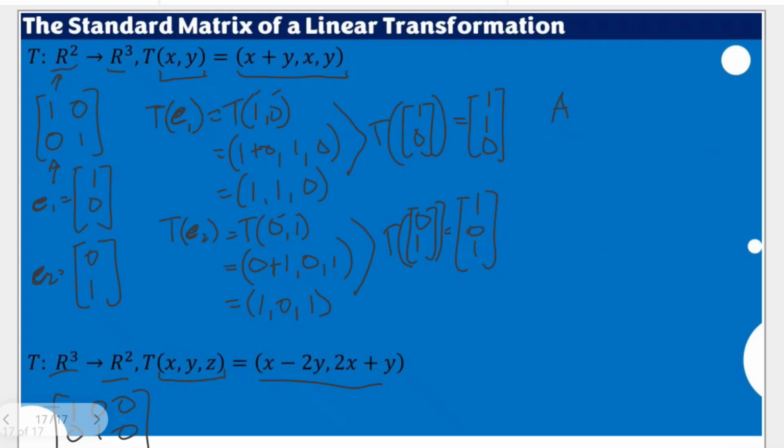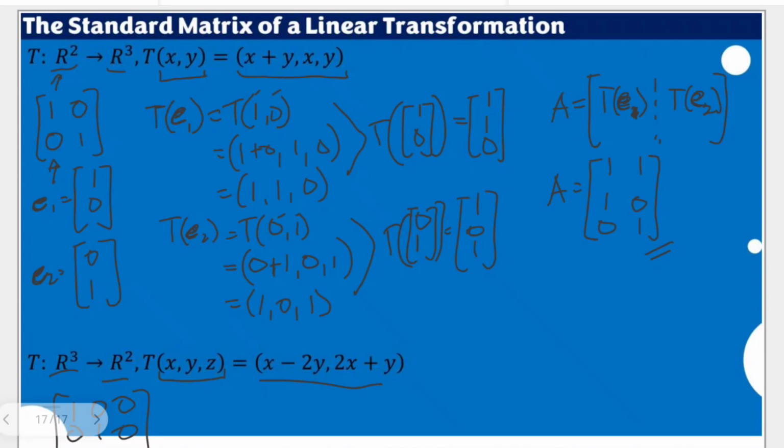So the standard matrix of our first linear transformation is the augmented matrix of the results, with columns 1, 1, 0 and 1, 0, 1. This is now the standard matrix of our linear transformation.